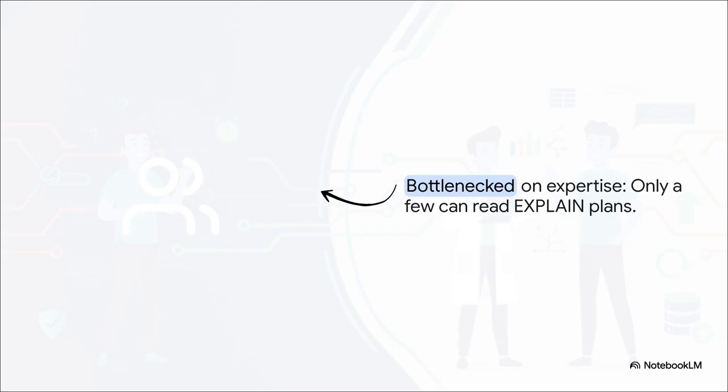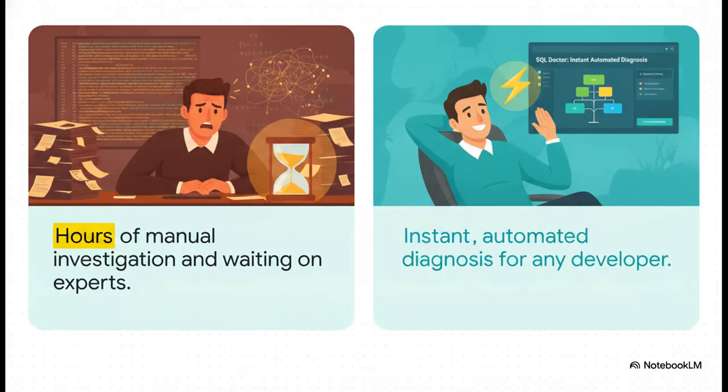So what ends up happening? The whole team gets completely bottlenecked. Out of a team of, say, 50 engineers, maybe only a handful can actually reliably read and decode those cryptic execution plans. So everyone else basically just sits around twiddling their thumbs, waiting for that one database expert to finally free up.